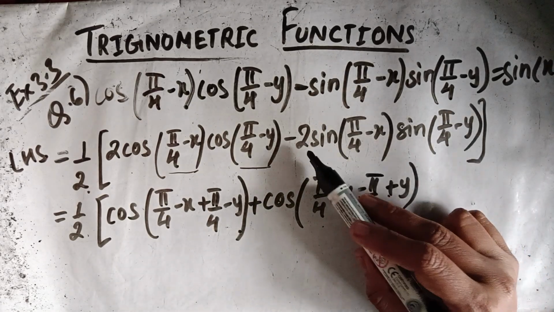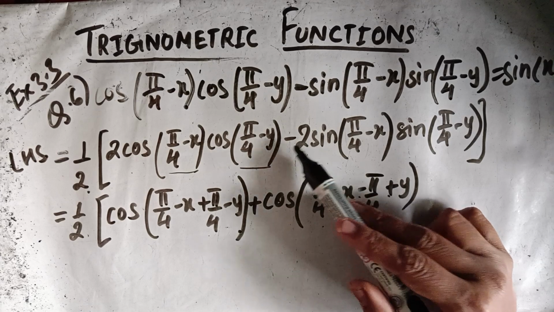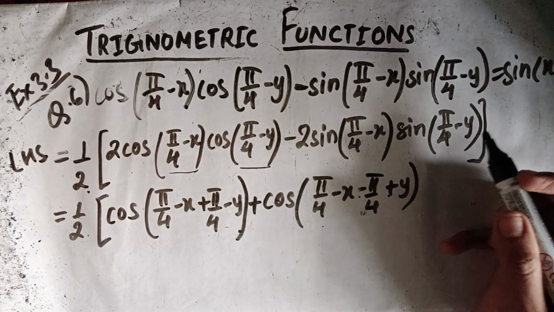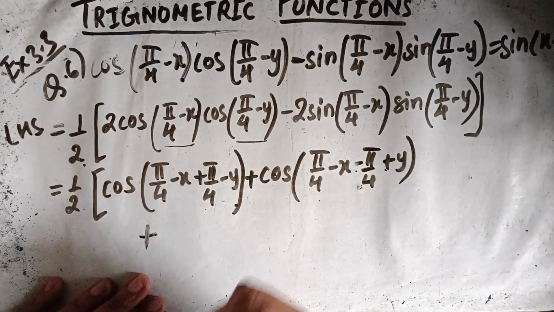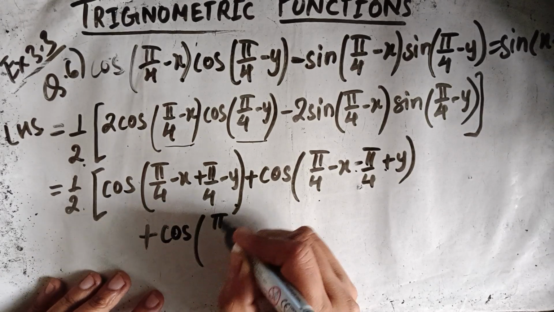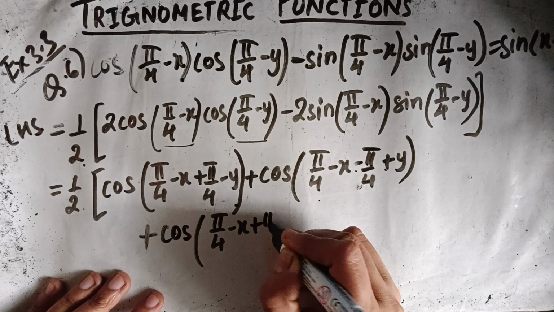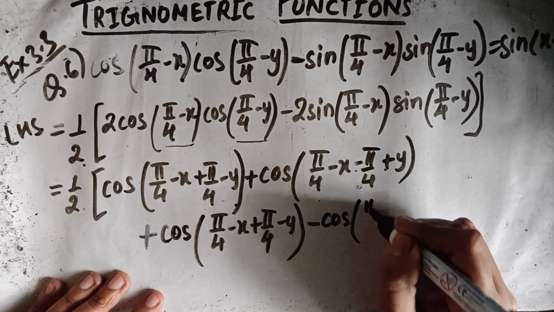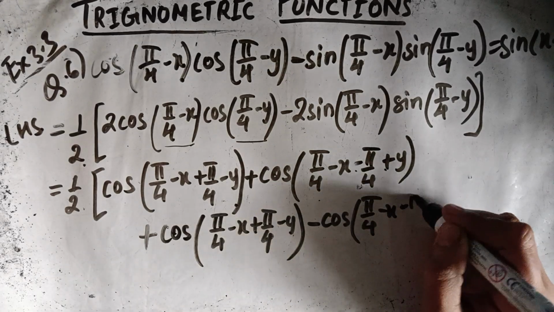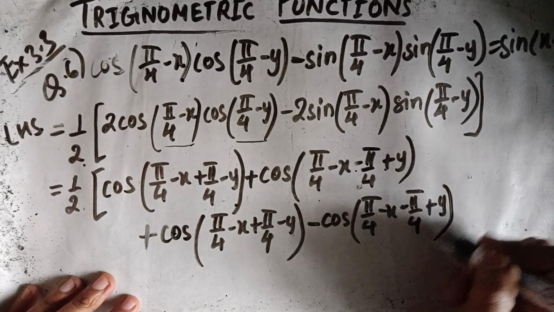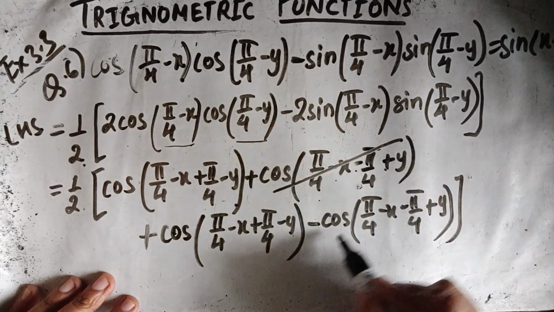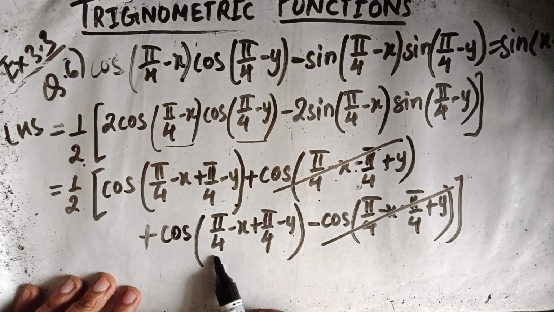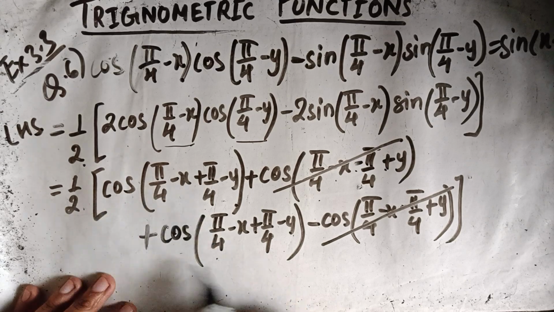Same way you have to write this, that is, this is already minus, so minus 2 sin A sin B is cos A plus B minus cos A minus B. So here you can write plus and minus pi by 4 for this one. Now these two terms are same, so you can cut this, and these two terms are also same, so this is 2 cos this thing.